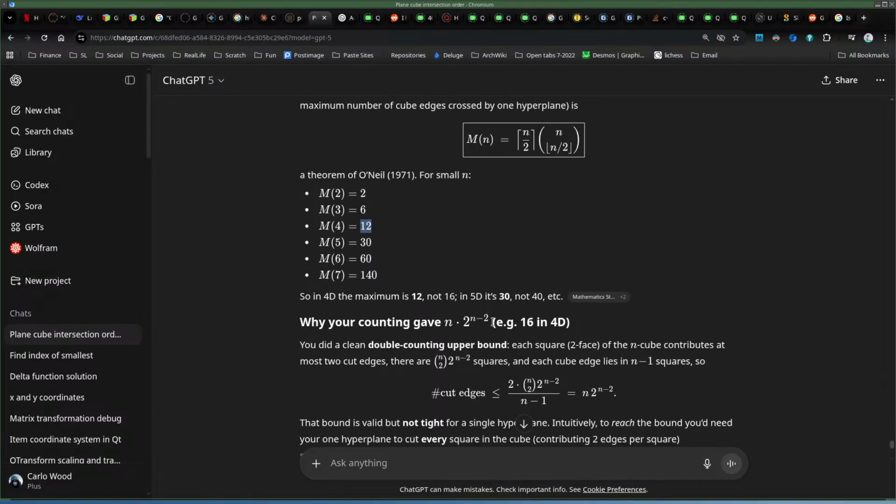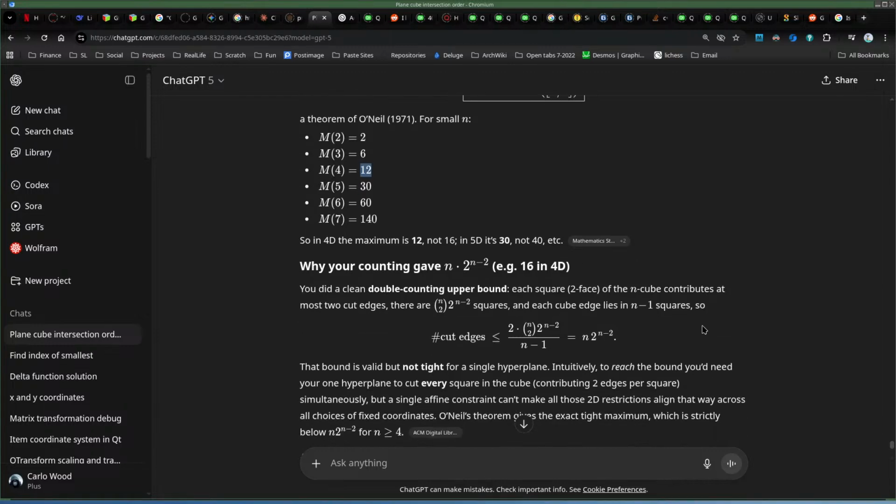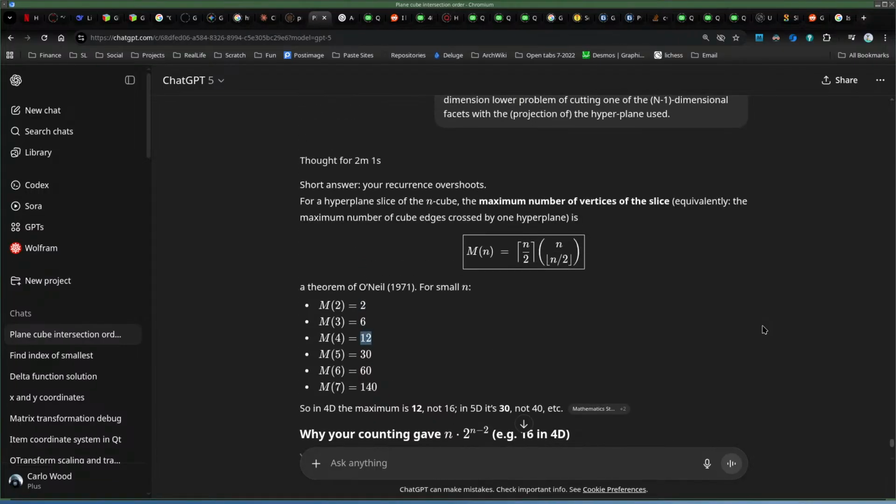Yeah, I did find the recurrence formula. Cool. Okay, let's see.